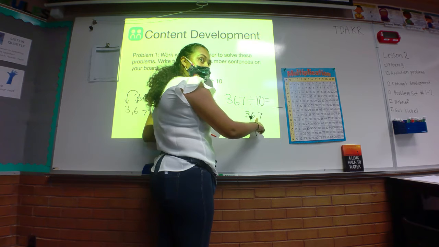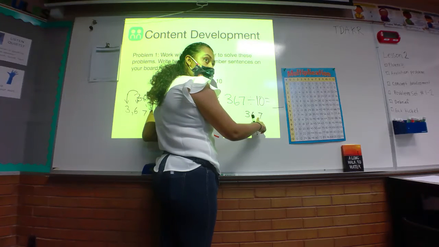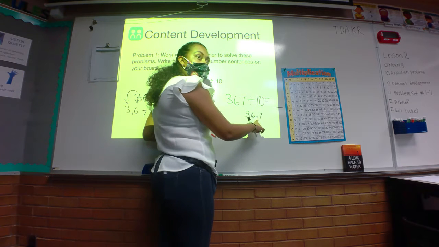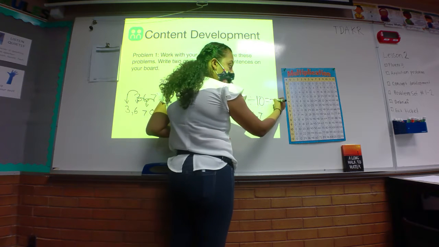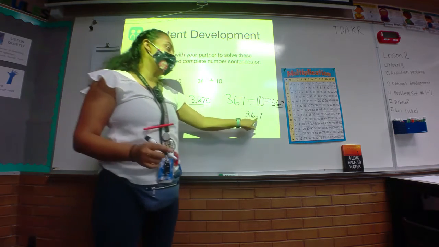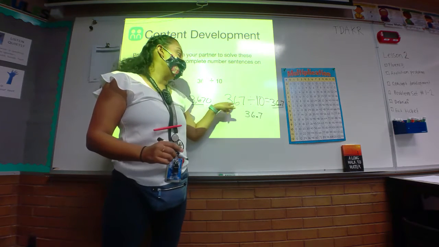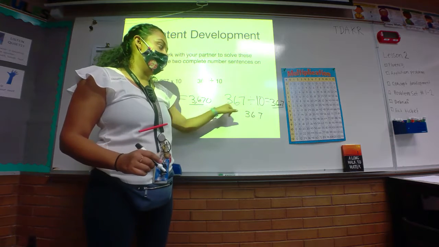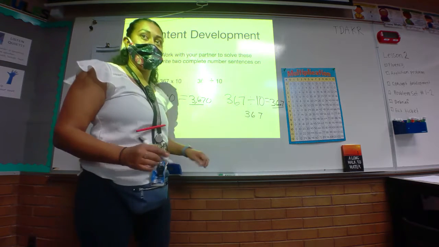Or do you need something here? What goes here? The decimal. There we go. Okay, so 36 and 7/10. If you do not put your decimal, your answer is incorrect because your answer would still be saying you have 367. Okay?